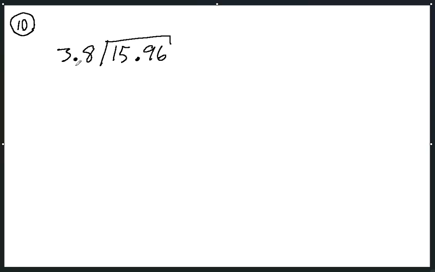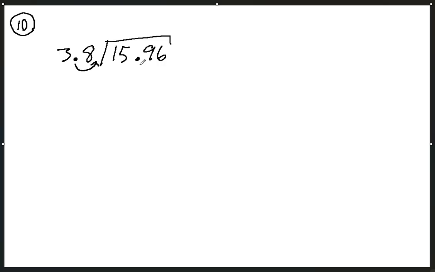Okay, so the number that's outside, we're going to shift its decimal point to the right, all the way to the right. In this case, we're going to shift it to the right one time.